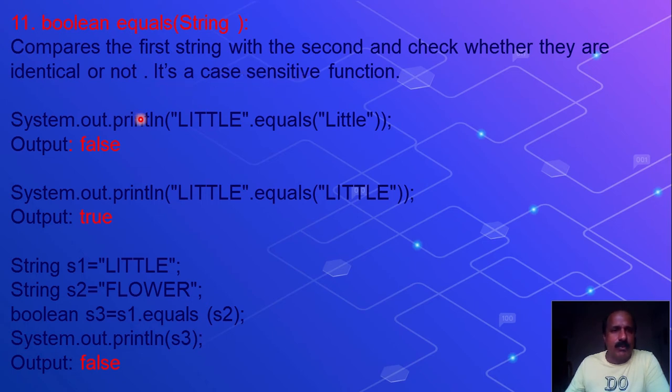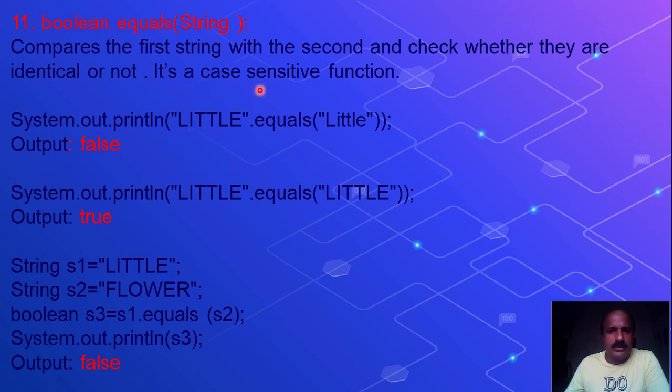Now let us see what it is going to do with an example. System.out.println Little dot equals little. So I am going to compare this string with this string. Are both equal or not? See, this is a case sensitive function.